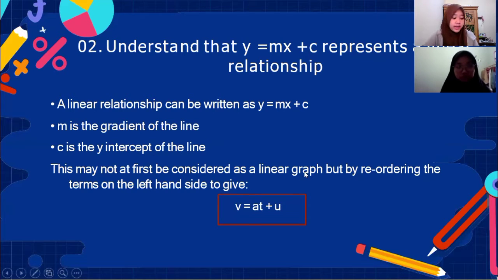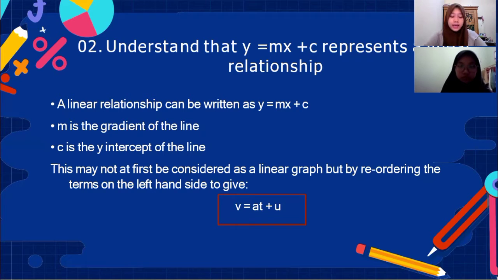Where m is positive, it represents a line going up from left to right, and where m is negative, it represents a line going down from left to right.